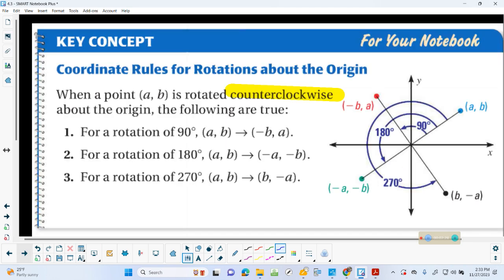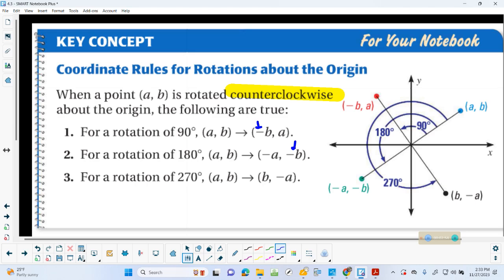Like I said, you do not have to have these formulas memorized. We just saw an example of a 40-degree rotation, but we're going to keep it easy with 90, 180, 270. Here's our starting point, mine's in blue up here. If we're going to rotate 90 degrees, here's what happens to the ordered pairs. You can see there are some negative signs on these. I like to think of that more as the opposite.